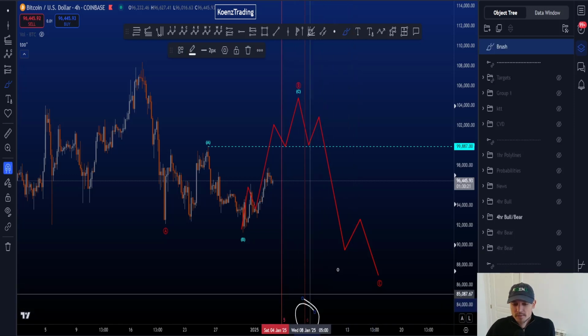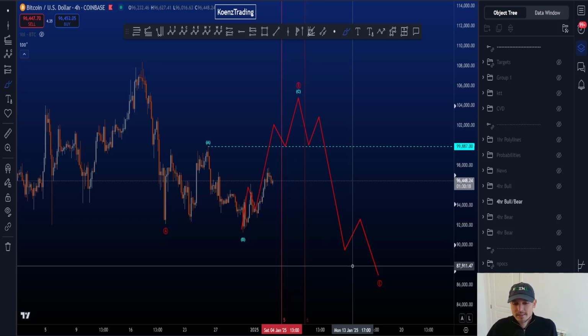Moving beyond the 6 fib time would reduce the probabilities even more.